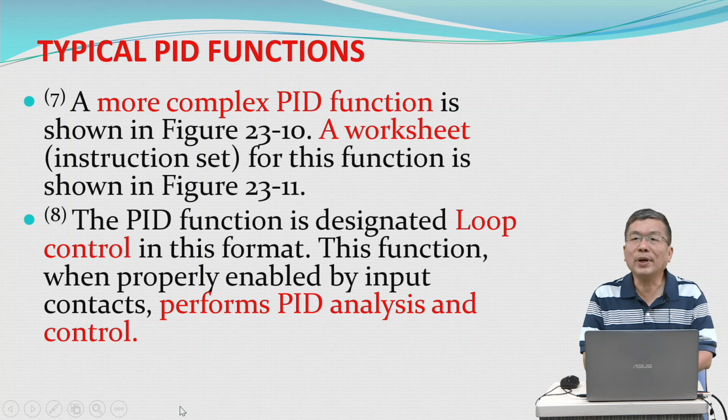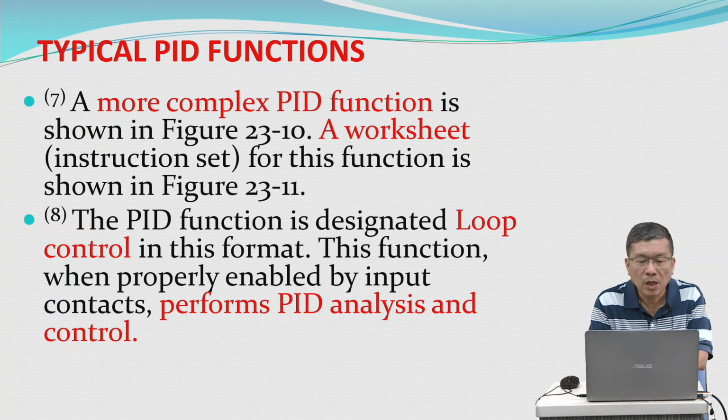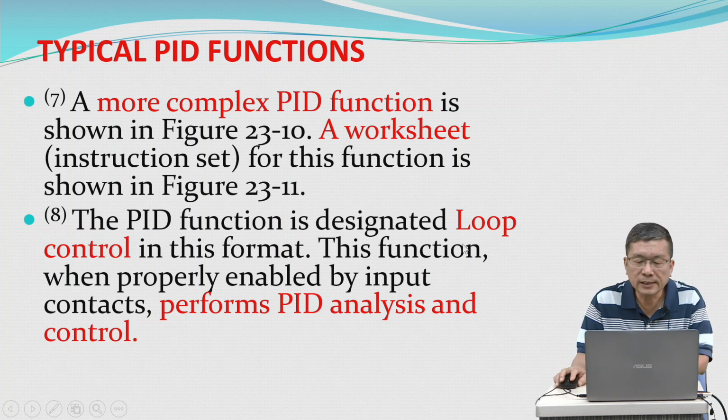A more complex PID function is shown in figure 23.10. A worksheet instruction set for this function is shown in figure 23.11. The PID function is designated loop control in this format.